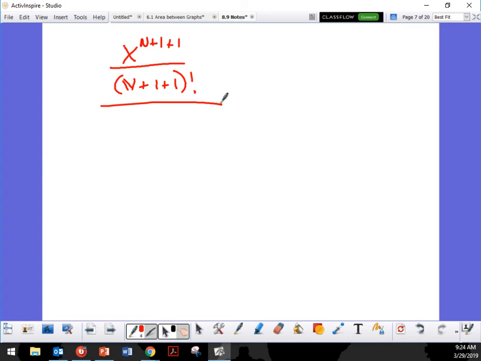All over x to the n plus 1 over n plus 1 factorial.